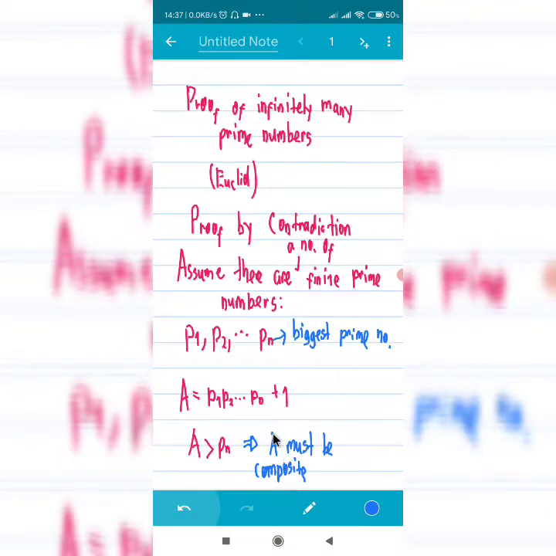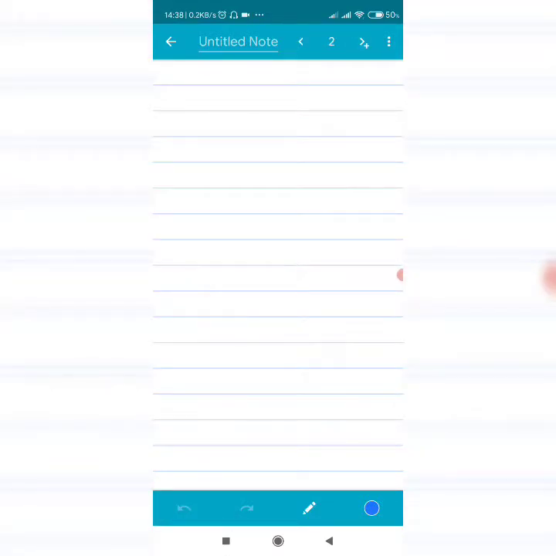You can see that because if A was a prime, we just contradicted that Pn is the biggest prime. So I'm going to write what we have said. We define A as the product of all the primes plus 1, and A is composite here.